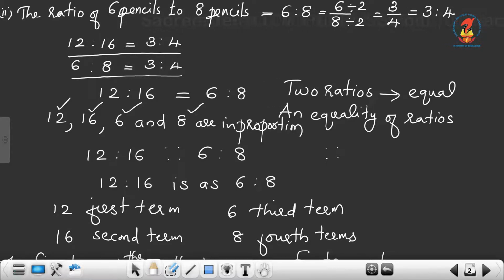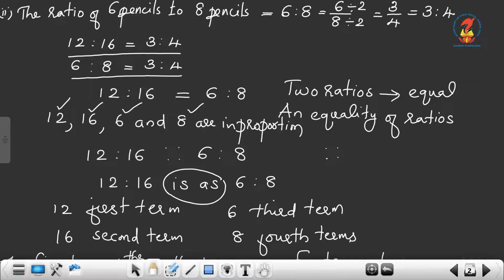Such an equality of ratios means the 4 quantities or terms are in proportion. So when two ratios are equal, the 4 quantities are said to be in proportion. Therefore 12, 16, 6 and 8 are in proportion. So if they are in proportion, we can write 12 is to 16 is as 6 is to 8.